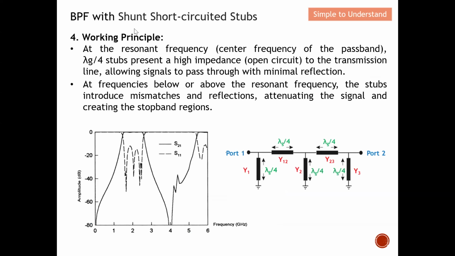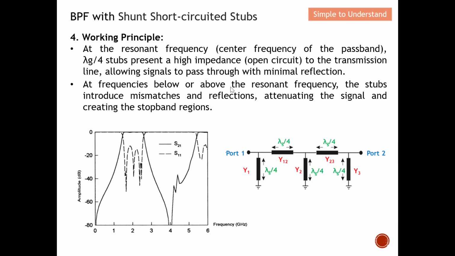Coming to the working principle, at the resonant frequency, which is the center frequency of the passband, the lambda over 4 stub presents a high impedance, which is the open circuit, as I illustrated earlier, to the transmission line, allowing the signal to pass through with minimum reflection.